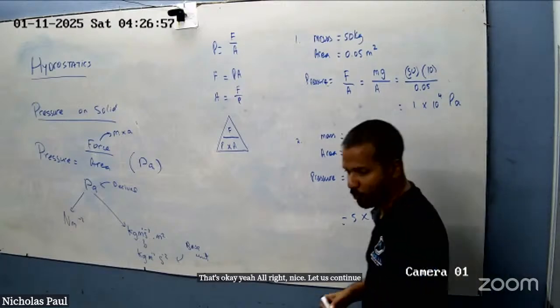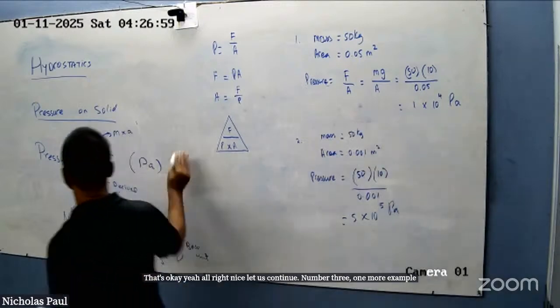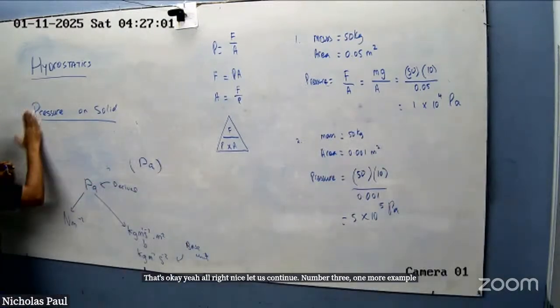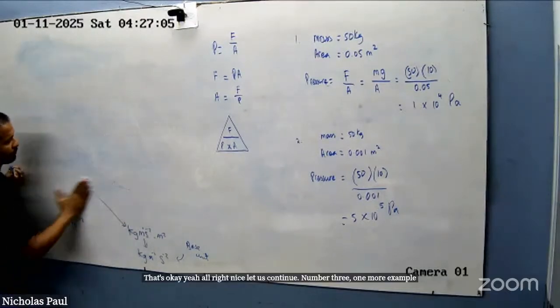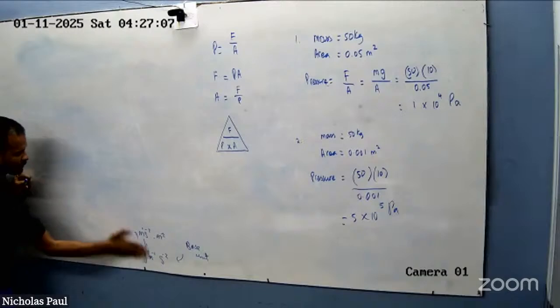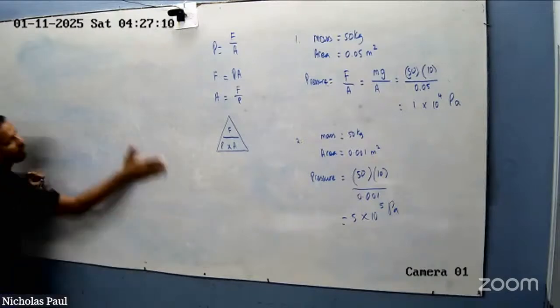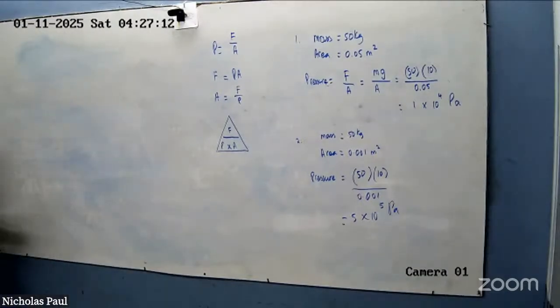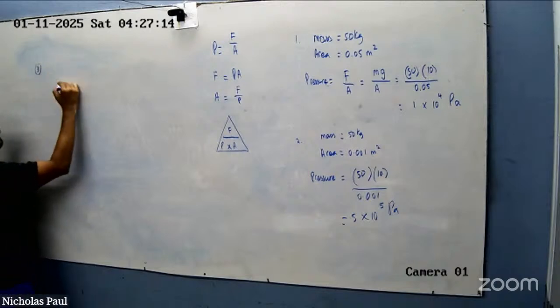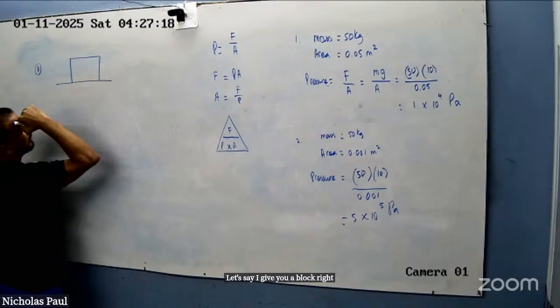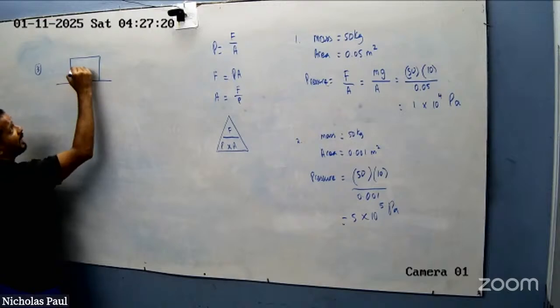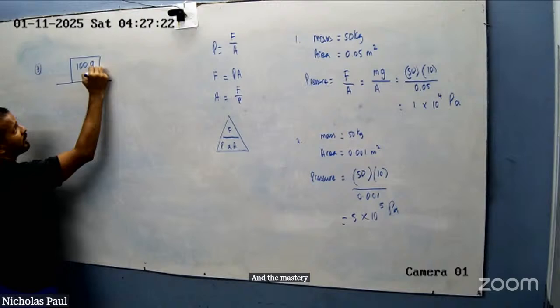Number 3, one more example. Let's say I gave you a block, right? And the mass of the block is 100 grams.